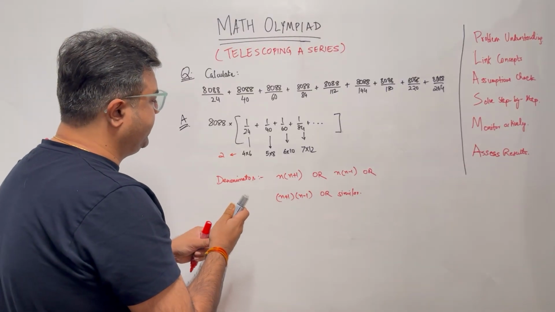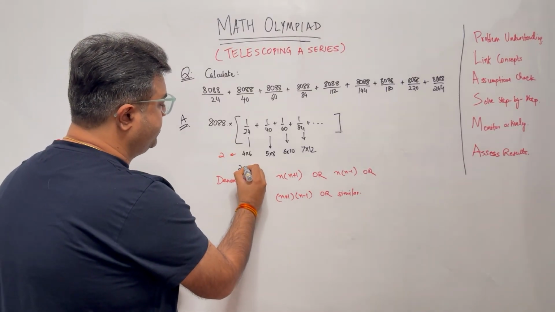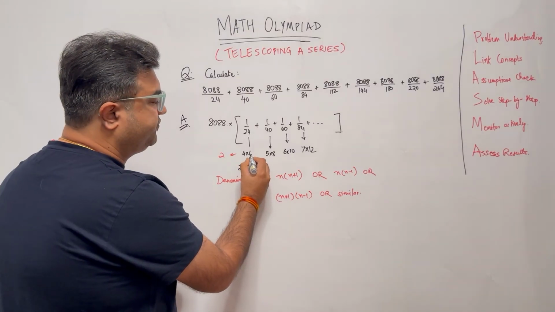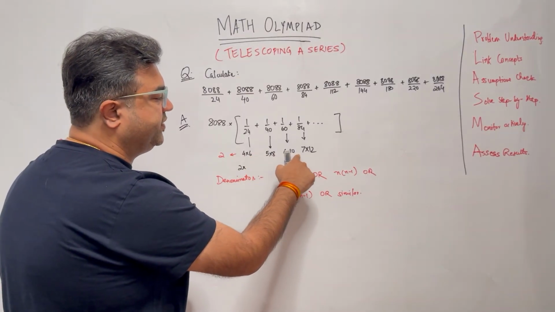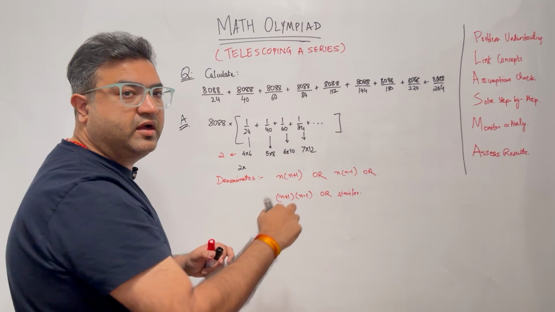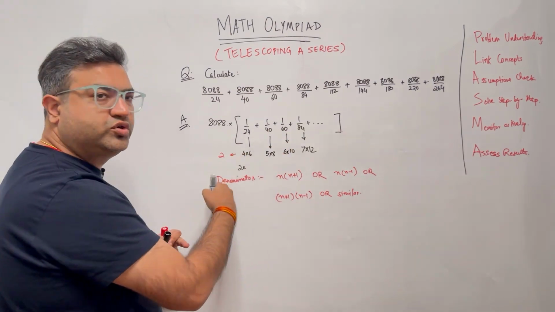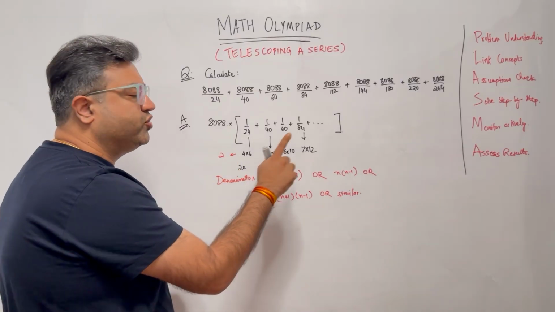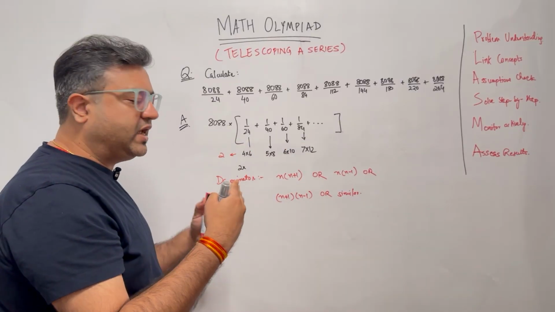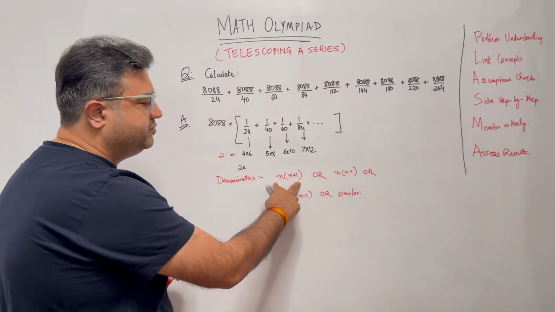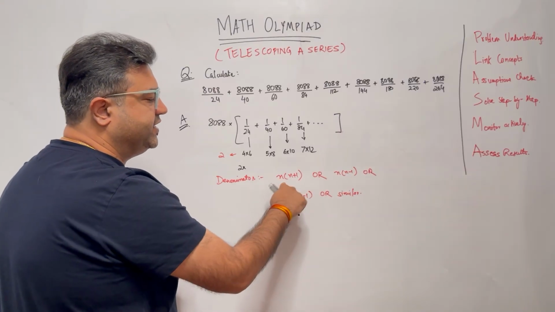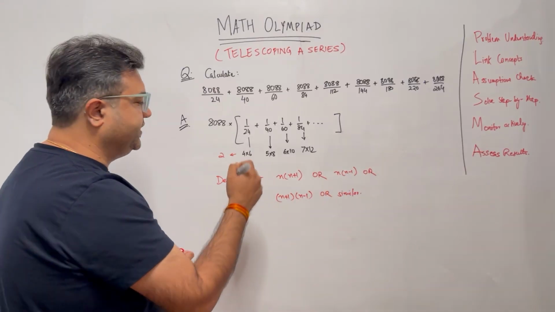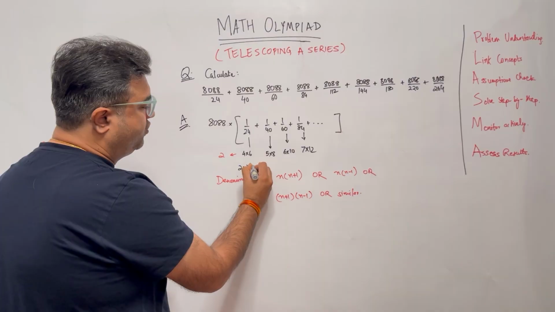How will it look? This will become 2 into, because this is a multiplication that goes in increments of 2. If we take out 2, this will go in increments of 1. This is already going in increments of 1. That will likely bring us closer to something like n into n plus 1 or n into n minus 1. So 2 into 4 into 3.